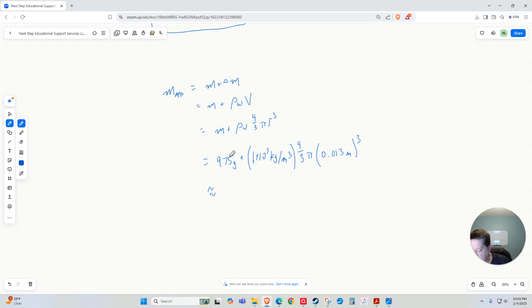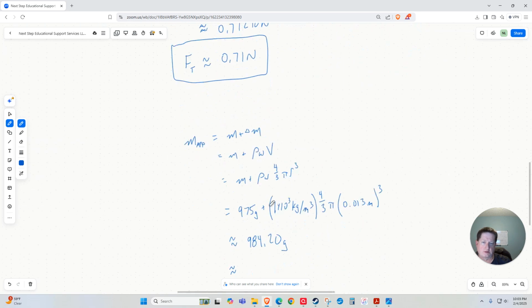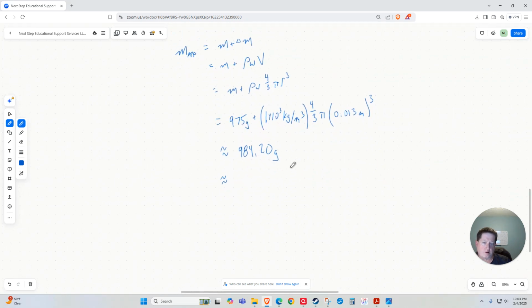When you add that 9 and some change to that 975, you get 984.20 grams. And again, with the number of significant figures we have in this problem, it's 2. We're going to round that off to about 980 grams.